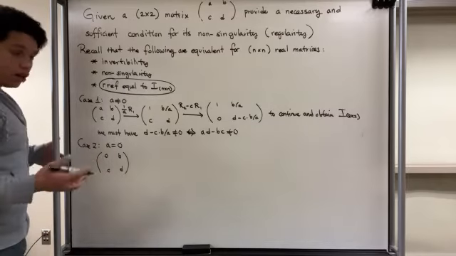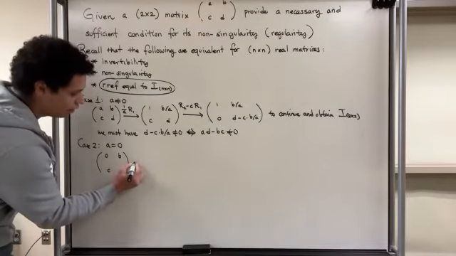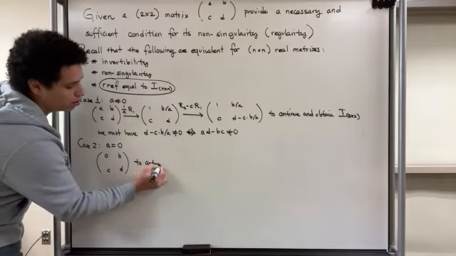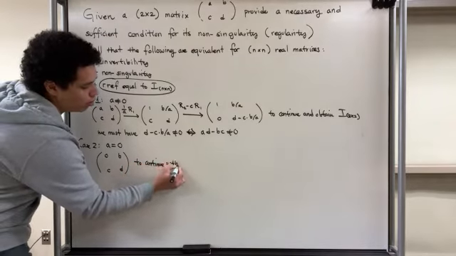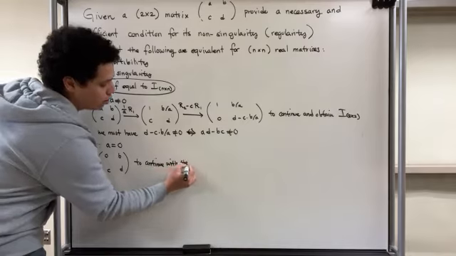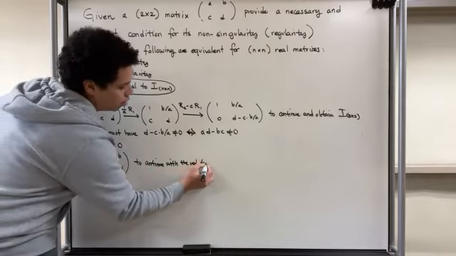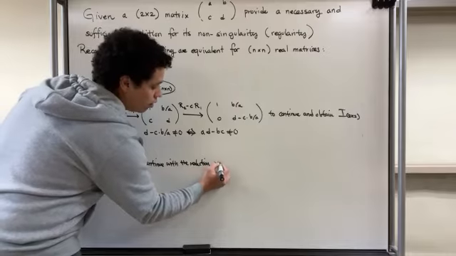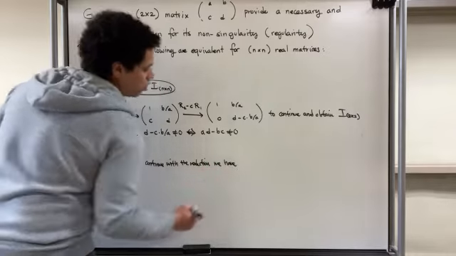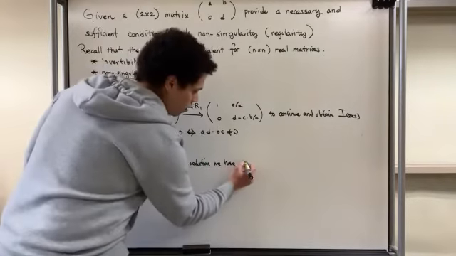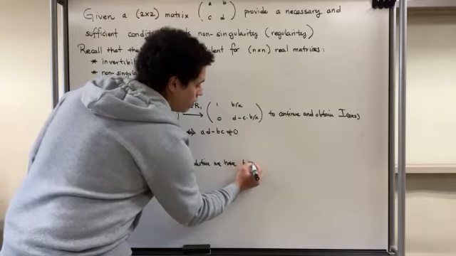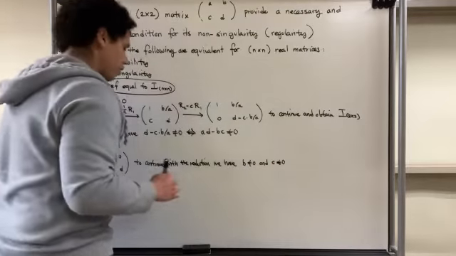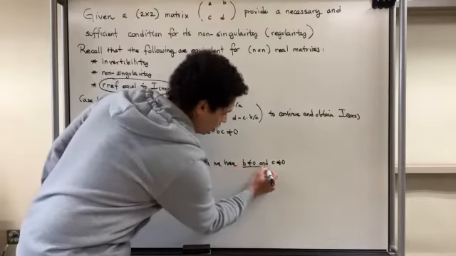So, on top of that, to continue with the reduction, we must have that B is different from 0 and C is different from 0. That is the condition.